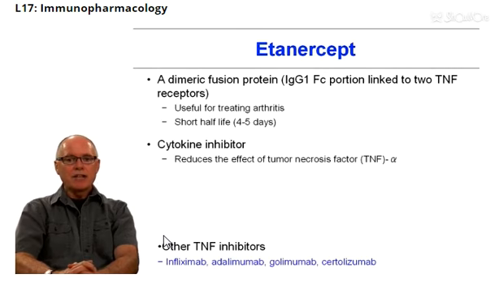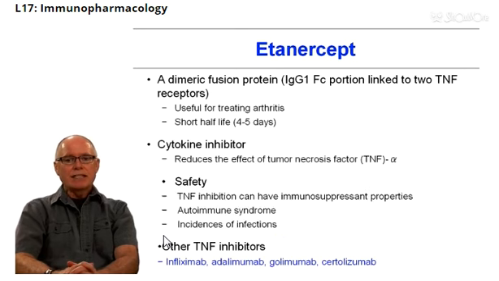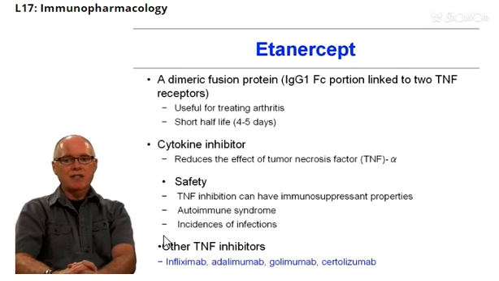Other TNF inhibitors have also been developed, and they all bind to TNF. TNF inhibitors are useful to treat inflammatory diseases such as arthritis. Etanercept has a short half-life because it's a fusion protein. It's used for arthritis, but its immunosuppressive properties can cause autoimmune diseases and worsen pre-existing infections.